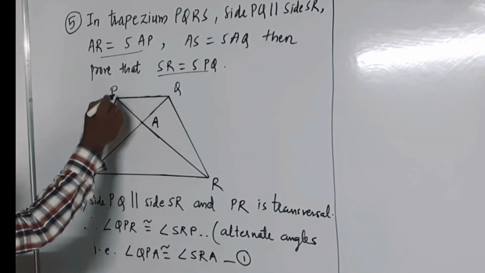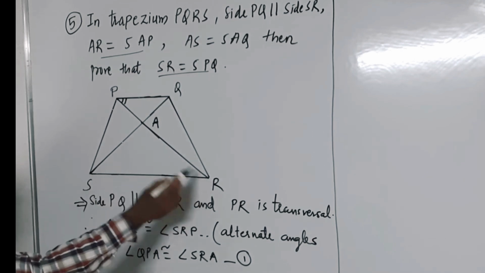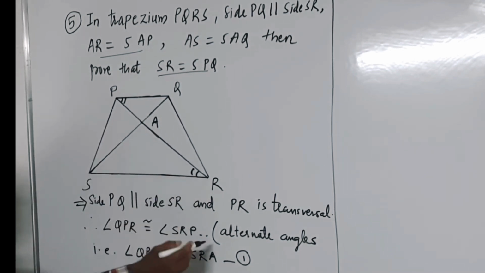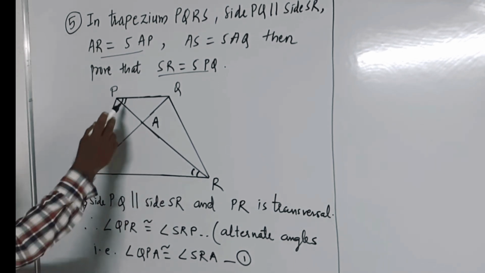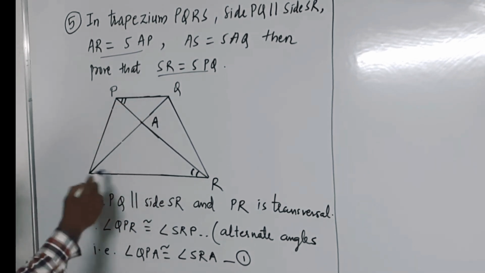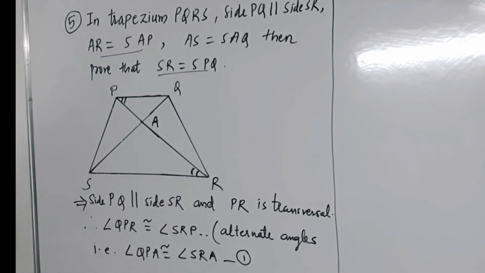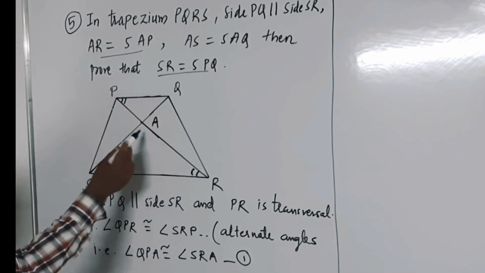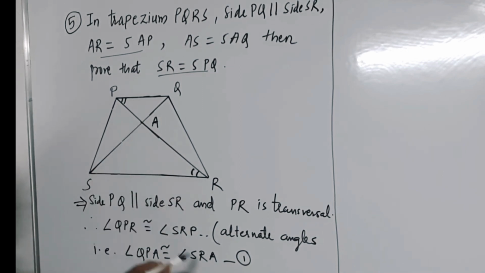Therefore, angle QPR is congruent to angle SRP. These two angles are congruent since they are alternate angles. So by alternate angle test, when two parallel lines are intersected by a transversal, alternate angles are congruent. Therefore, angle QPA is congruent to angle SRA.